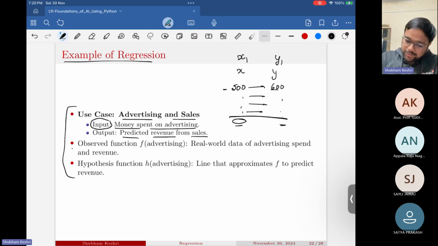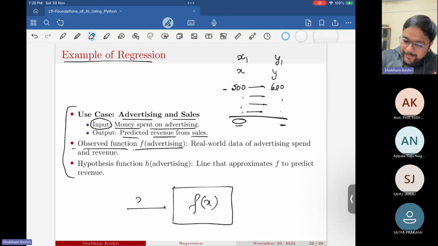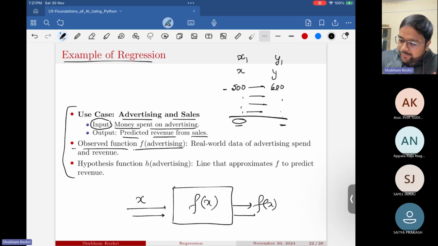So over here we have an input x, we have a function which depends on this x, so it can be an n-dimensional function, it need not be one dimension, and the output is f of x, which is y over here. So this takes input and gives an output.